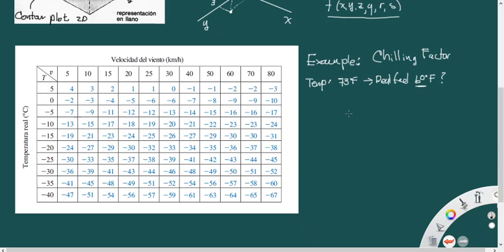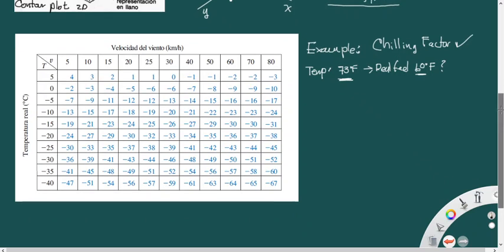Well, there are some factors that affect the chilling or the feeling of the temperature. You can have a temperature that is showing 73 Fahrenheit in your instrument, and maybe in reality you feel it like 60 Fahrenheit.